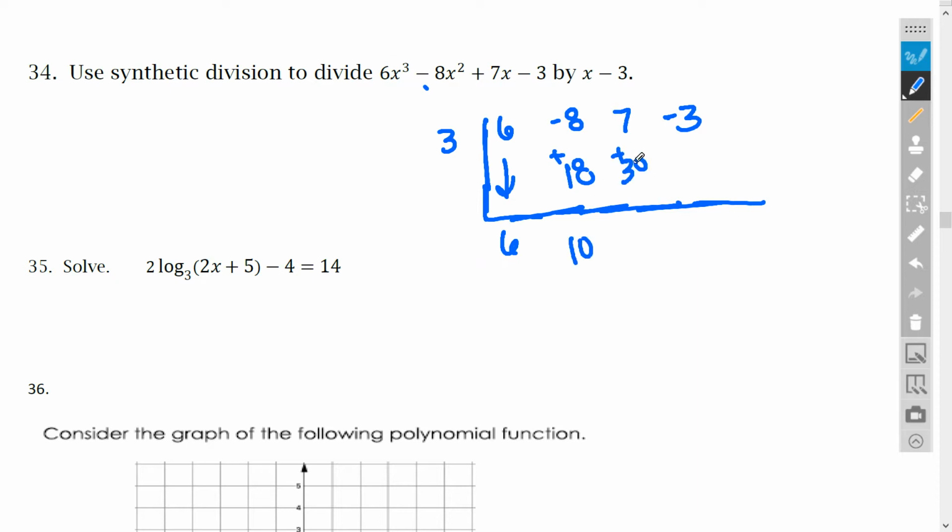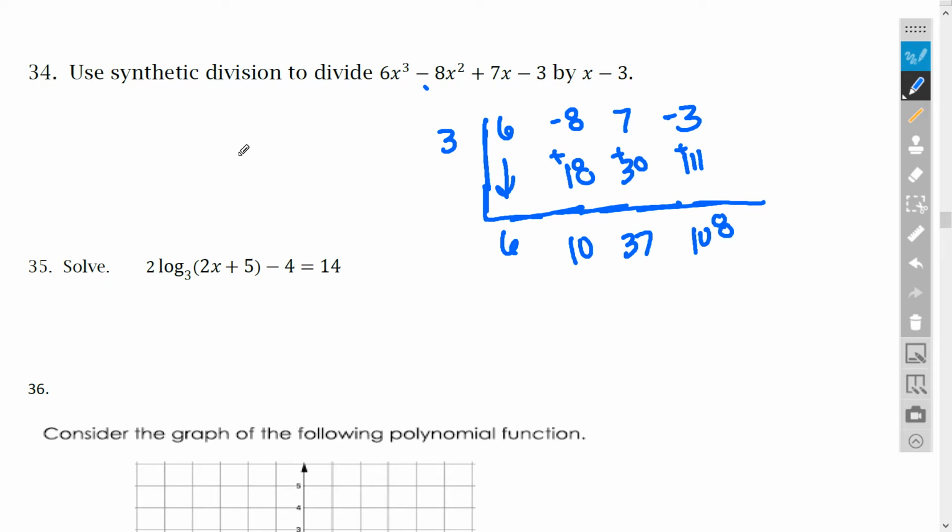Multiply those, that's 30. So 18, 10, 30, 37. Getting kind of big here. So 37 times 3, 111. And then add those, so that is 108.